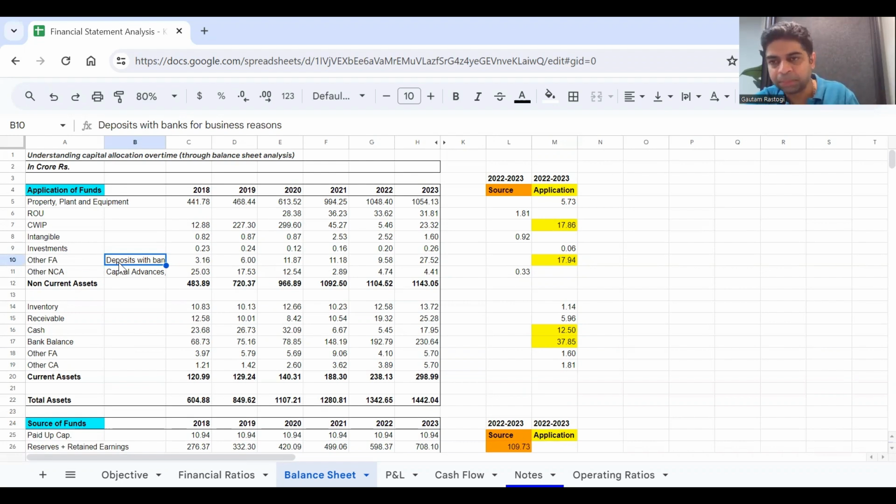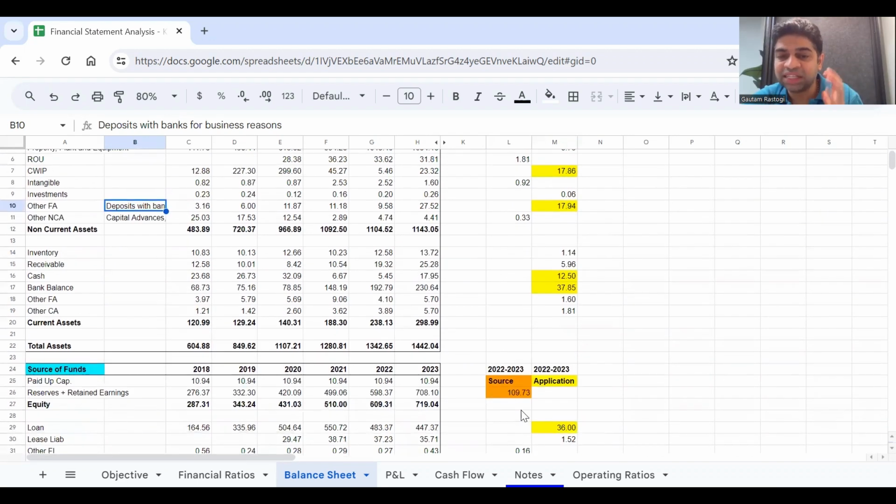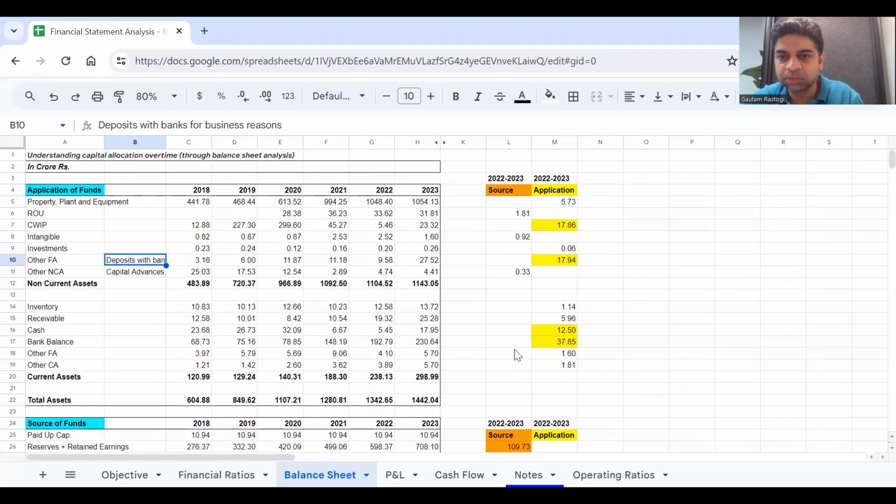And I kind of looked it up. It means that now, because the medical college is affiliated with Dr. MGR University, which is based in Chennai, they need to park some deposit for that affiliation, plus there are some other deposits as well. All right. So anyway, the point I'm trying to make is these significant sources of funds are being used to fund their capacity expansion.